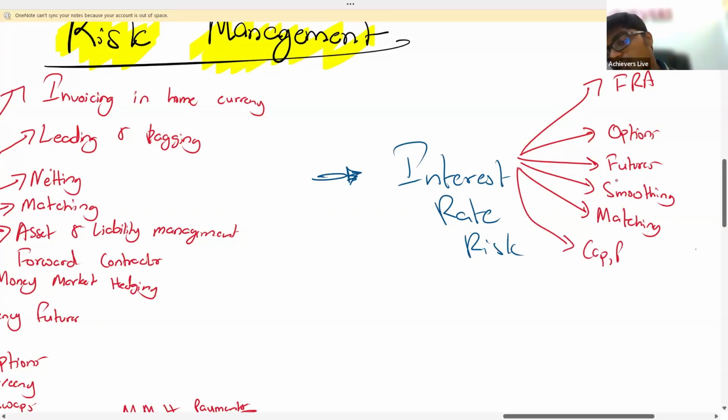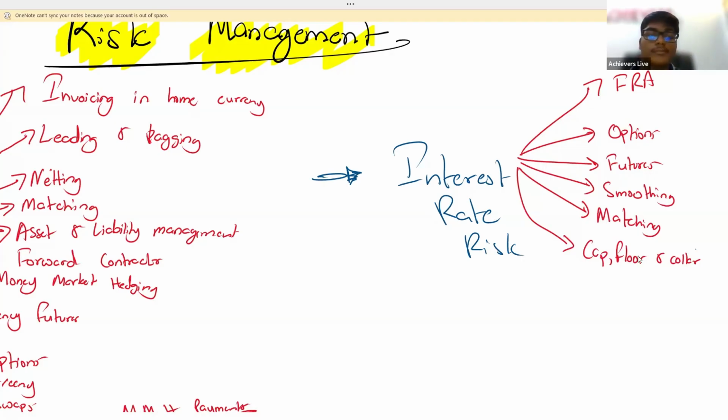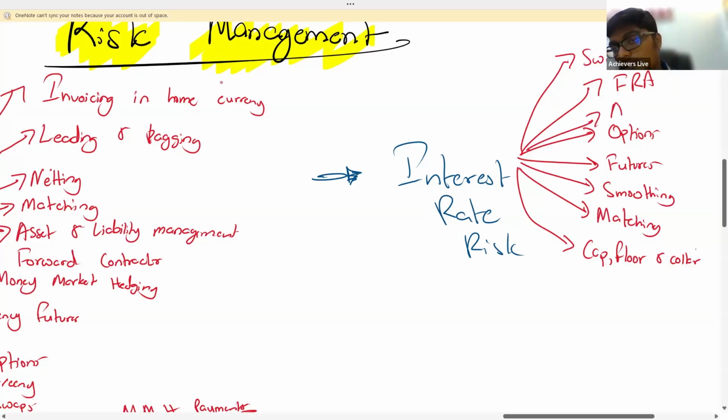Cap, floor, and collar. Anything else? Am I missing something? And interest rate swaps. Asset and liability management. ALM. Asset and liability management.